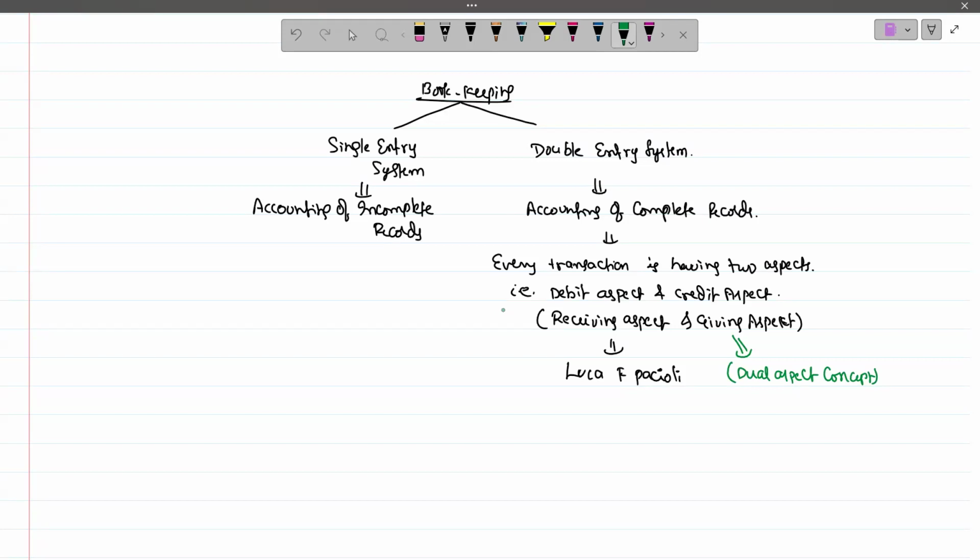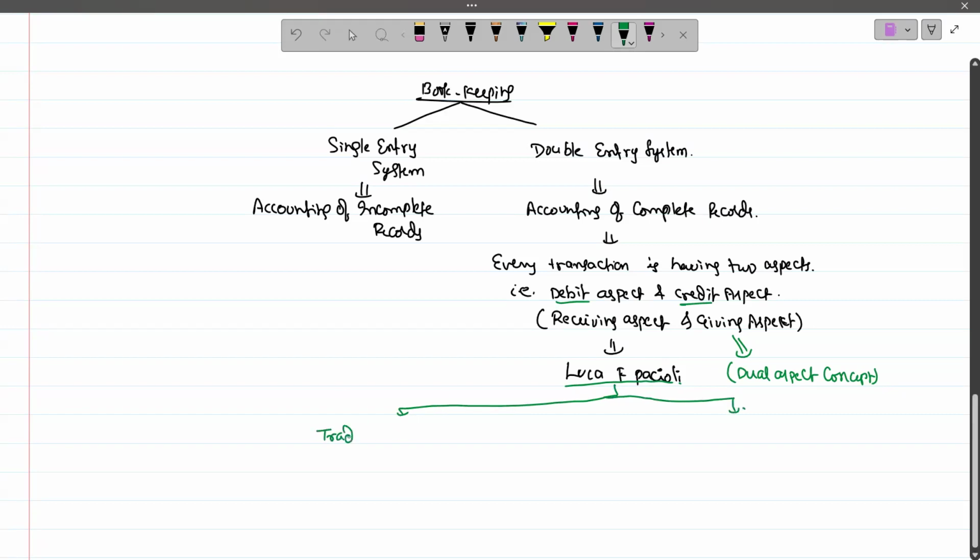So every transaction you identify consists of two aspects. One is the receiving aspect, another one is the giving aspect. But among that receiving and giving aspect, we have to identify what is the debit aspect and what is the credit aspect. And for identifying that debit and credit aspect, two approaches are framed.